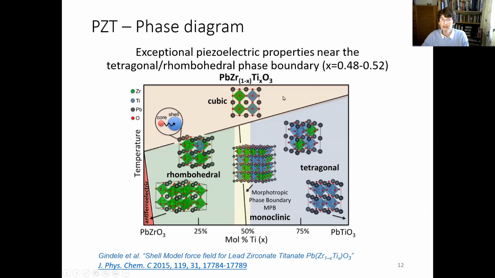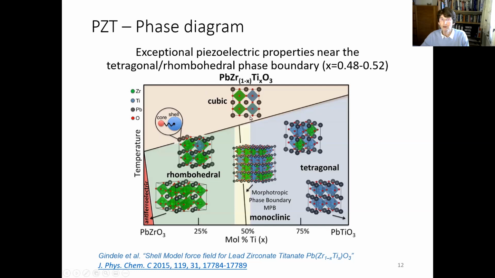This is temperature plotted against composition. From here, you're increasing the amount of zirconium until you get to PTO, which is lead titanate. Above the critical temperature, it's cubic, so there's no polarization. You reduce the temperature and you get a transformation either to tetragonal or to rhombohedral.